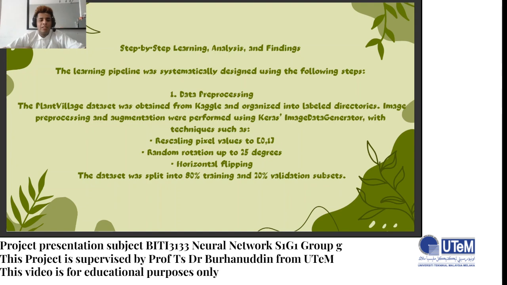We used image processing and augmentation using ImageDataGenerator with techniques such as rescaling, random rotation, and horizontal flip. Then the data was split 80/20 for training and testing. We used augmentation techniques to increase the accuracy of the prediction without needing to add more data.